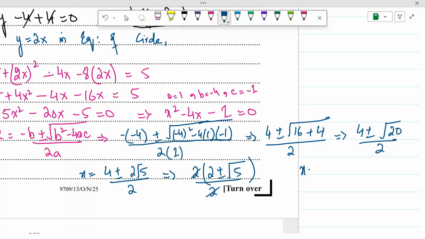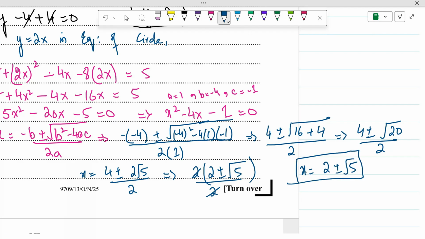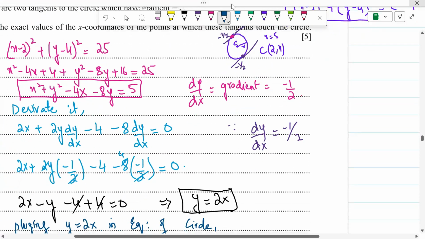So we have x = 2 ± √5. So this was the x coordinate of the point at which the tangent touches the circle.